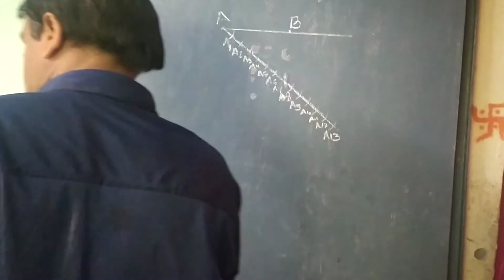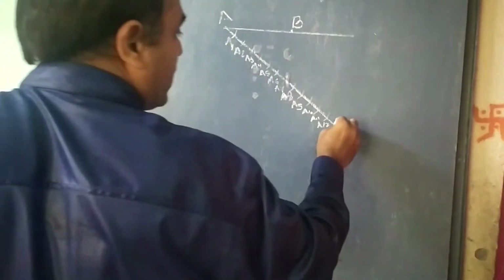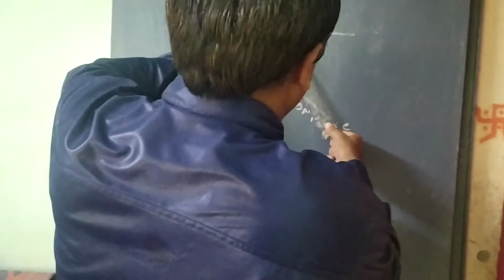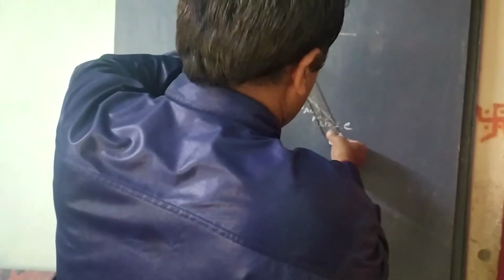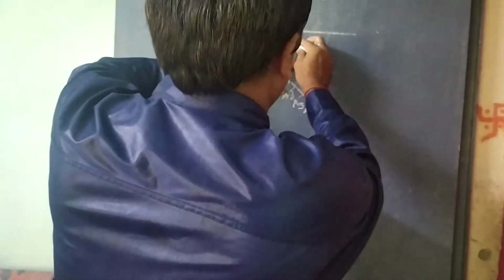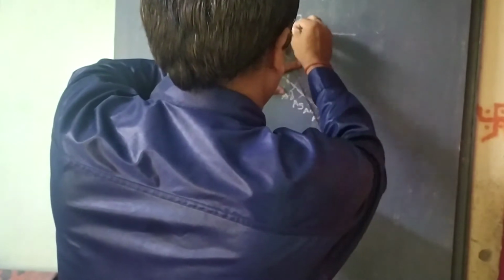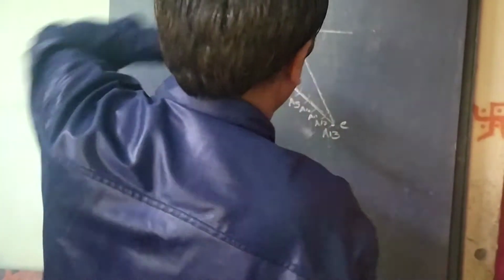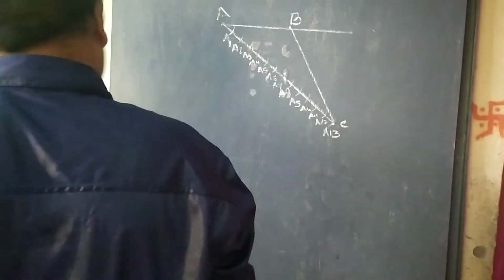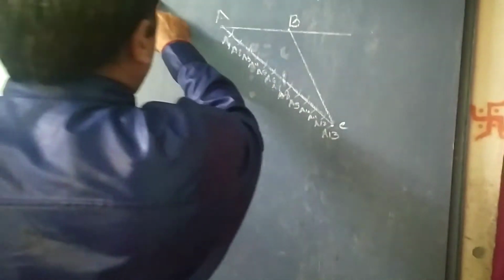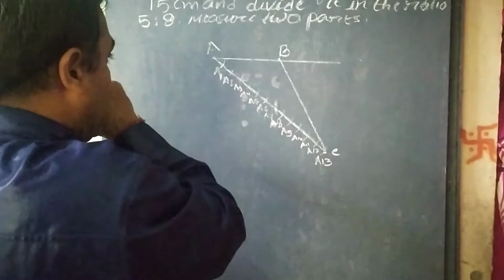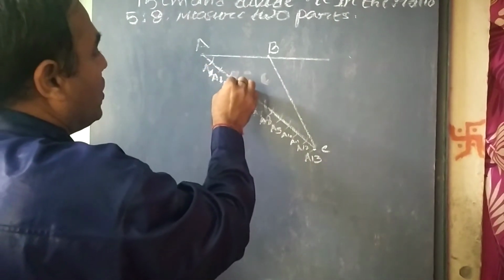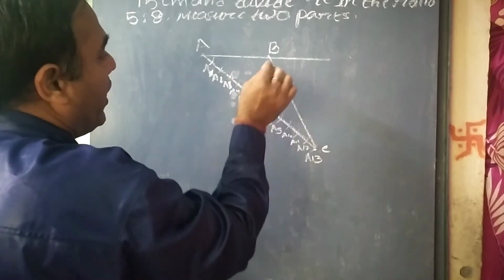Now we will join A13 to B. Now we have to draw 5:8, so we will take A1, A2, A3, A4, A5.